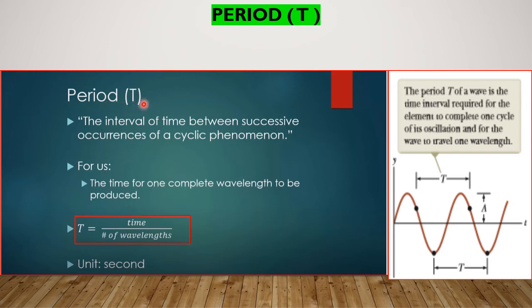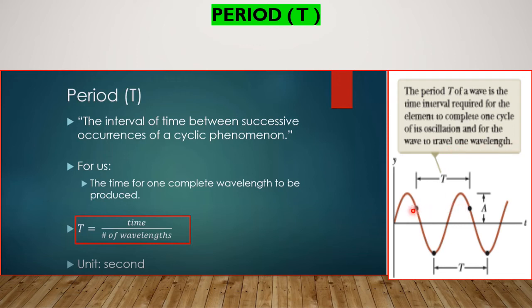Period, T: the interval of time between successive occurrences of a cyclic phenomenon. The period T of a wave is the time interval required for the element to complete one cycle of its oscillation and for the wave to travel one wavelength.